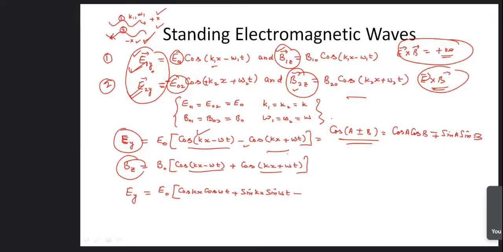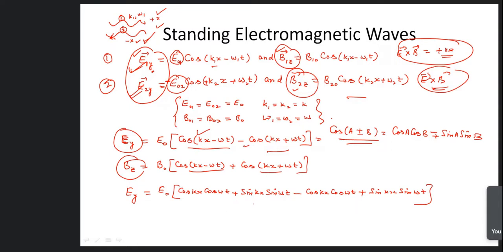minus, using the cos a plus b formula, cos kx cos omega t minus, but this is also negative, so it makes it plus, sin kx sin omega t.